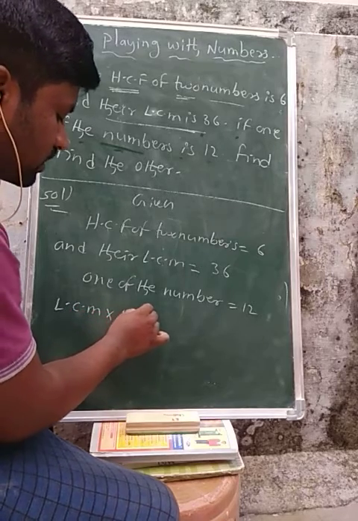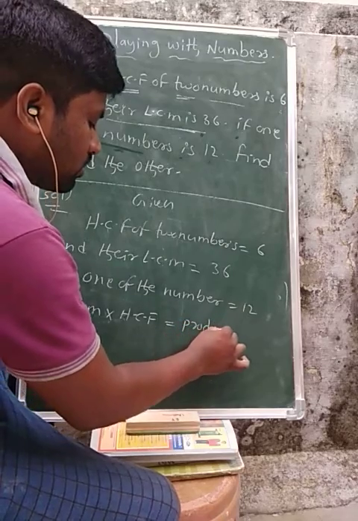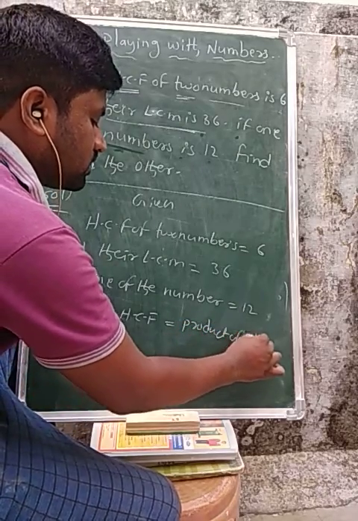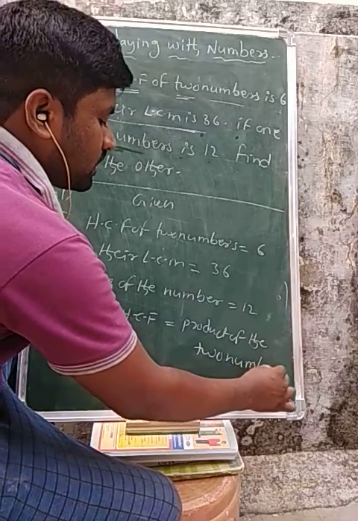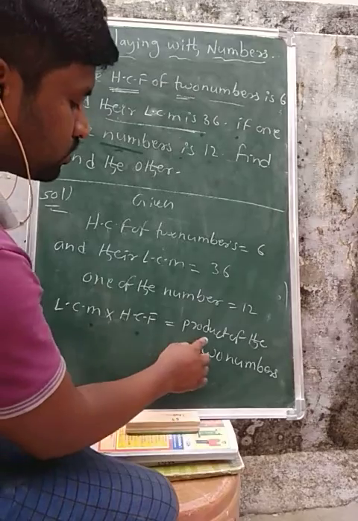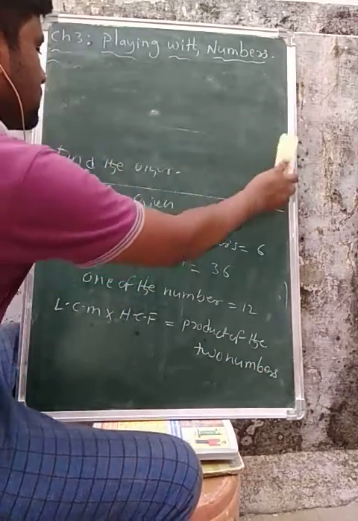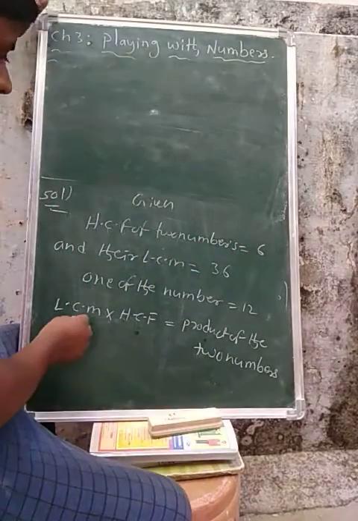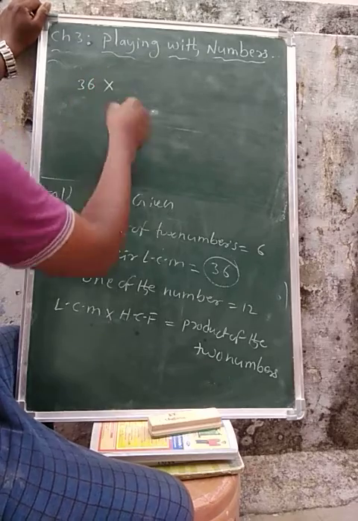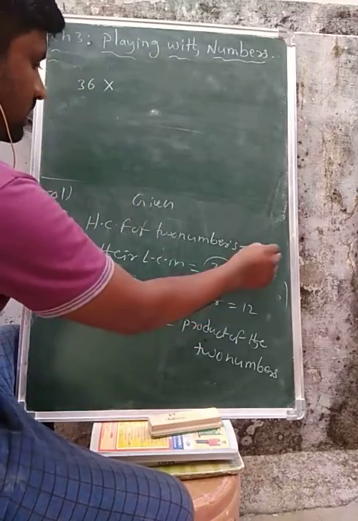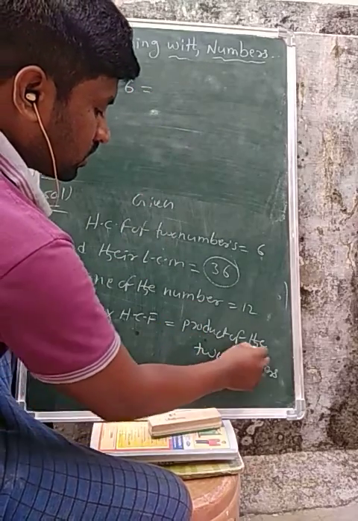LCM into HCF is equal to the product of the 2 numbers. Okay. Now what I am doing here is simply substituting. The LCM is 36. 36 into HCF, that is 6, is equal to the product of the 2 numbers.